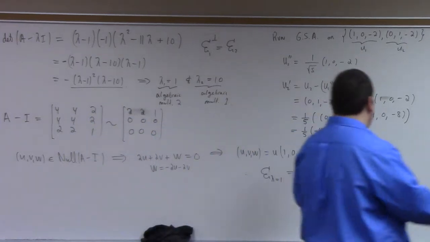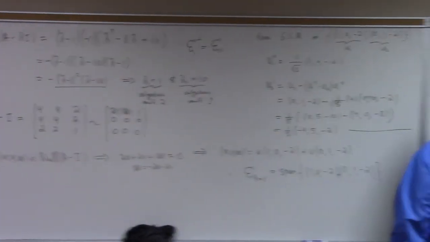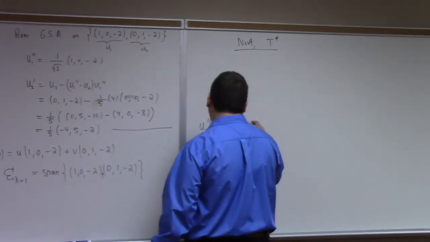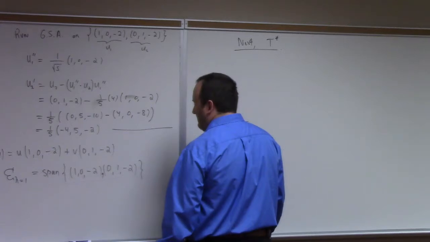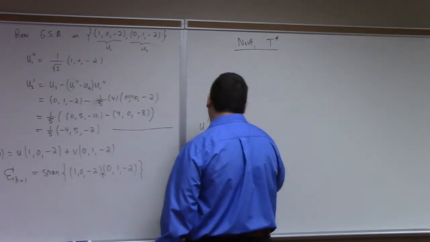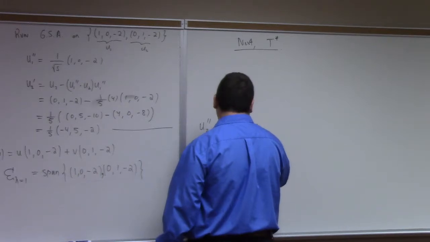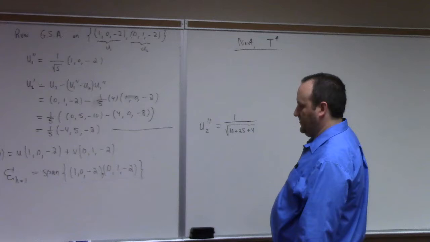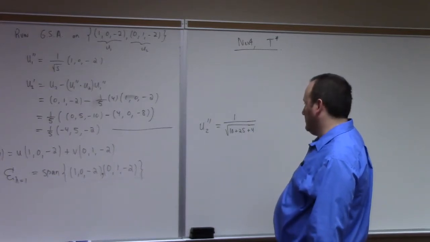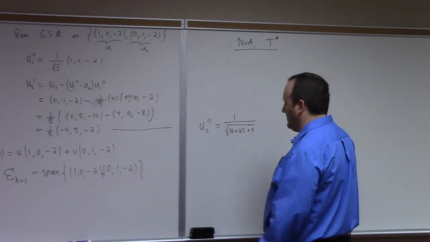So that tells me that my U2 prime prime is 1 over the square root of 16 plus 25 plus 4. Is that anything nice? Not particularly. Square root of 45, I guess. We could simplify that further, but I'll leave it like that.